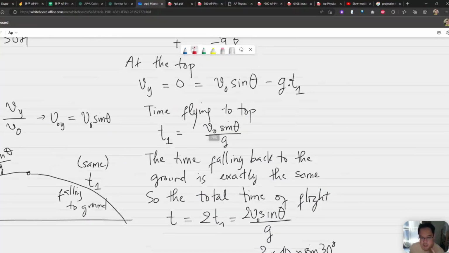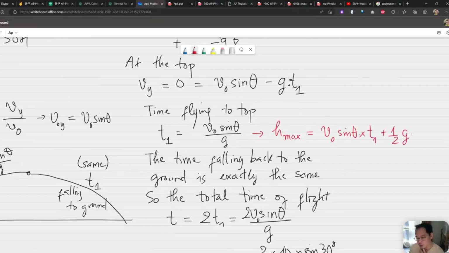So the maximum height is calculated by V0y initial, which is V0 times sine of the angle, multiplied with this time T1, and then add it with 1/2 of this acceleration and T1 square.